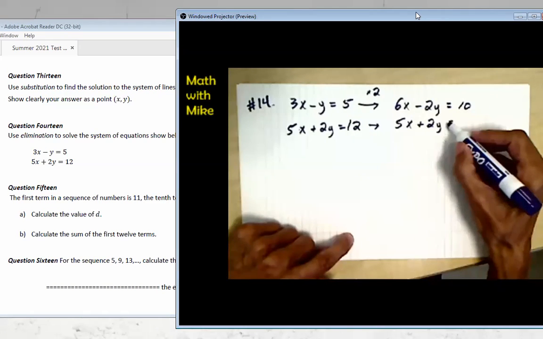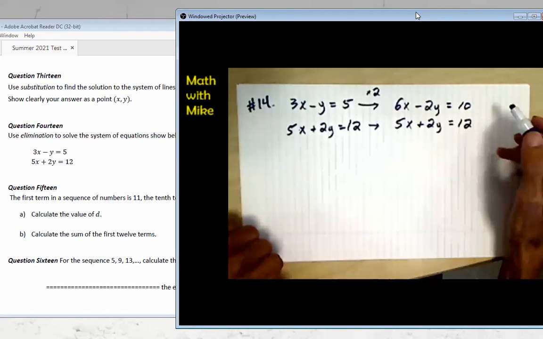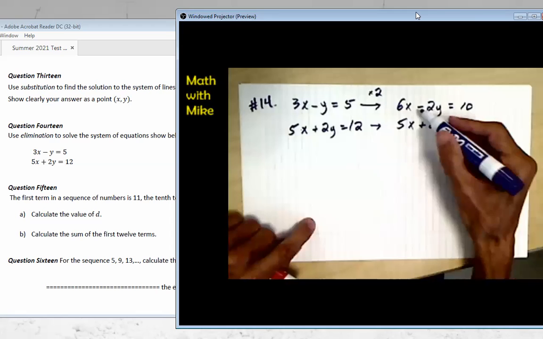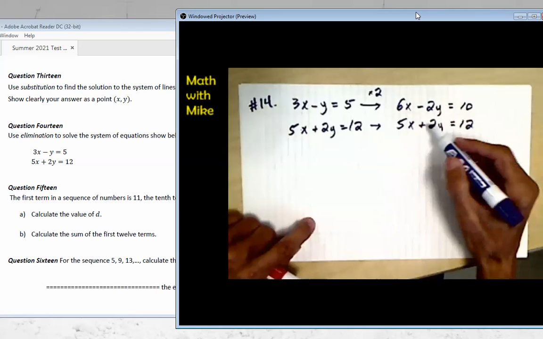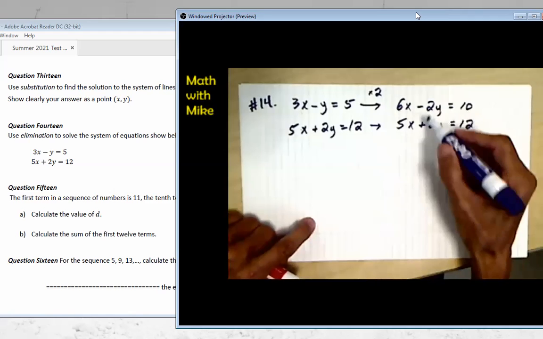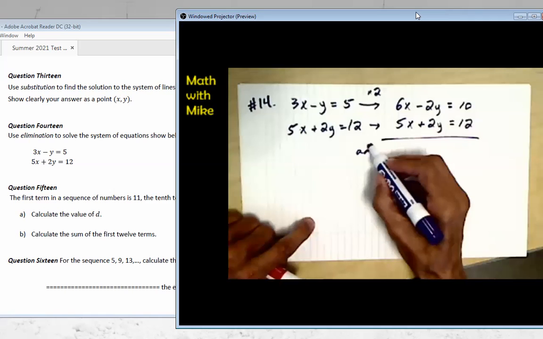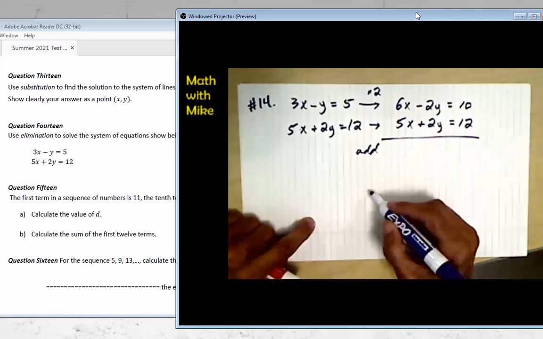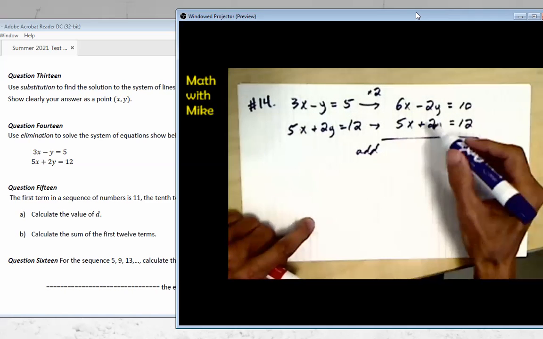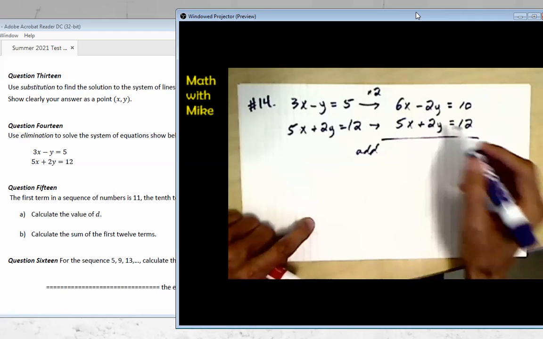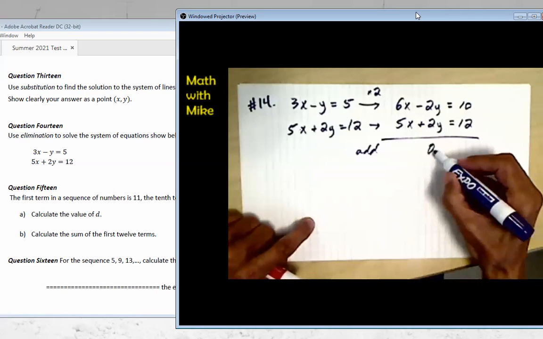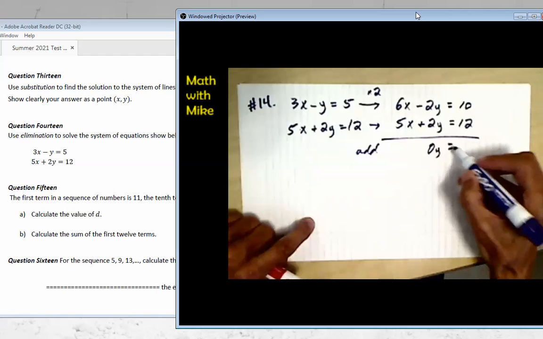And because of an important conversation yesterday, these signs are opposite from one another. That's also important. So with those being different now, we eliminate them by adding together. Minus 2y plus 2y gives 0y officially. We're adding.